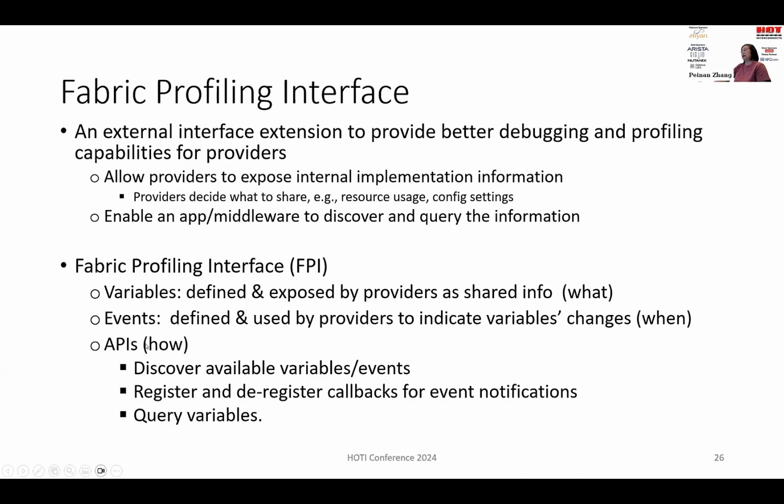A set of APIs can be used to discover all the variables and events, register a callback for the event notification, and access the variable. Variables are defined and owned by the provider, so application middleware only has read access to the variable.